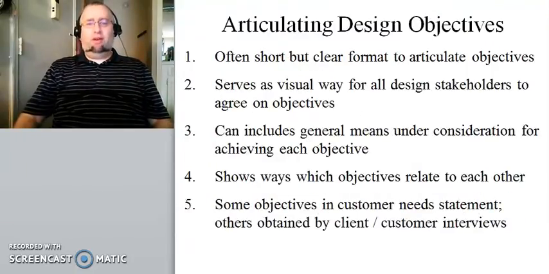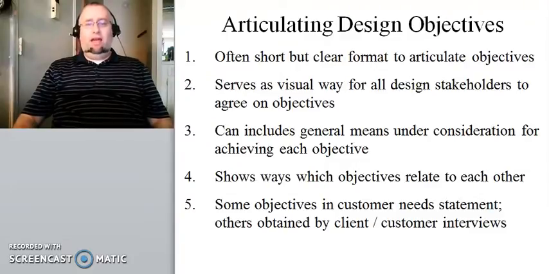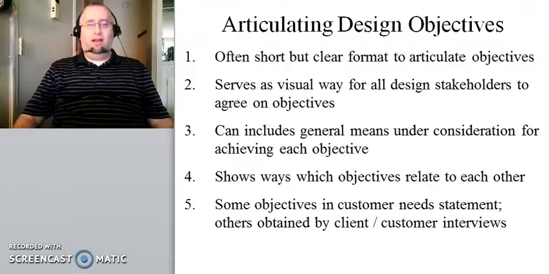So how do you articulate design objectives in this design objectives document? Well, what you want is something that's pretty short, so it doesn't need to be this long, verbose, horrible thing. Just very short and very clear in its format towards articulating those design objectives, which again, of course, are based on what the customer needs. The purpose is to serve essentially as a visual way for all stakeholders in the design process to agree on the design objectives.